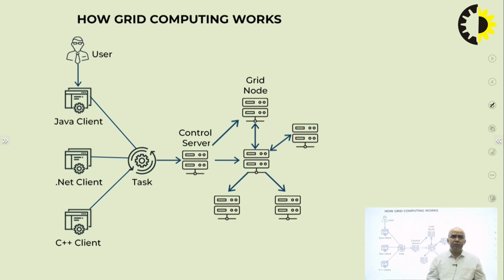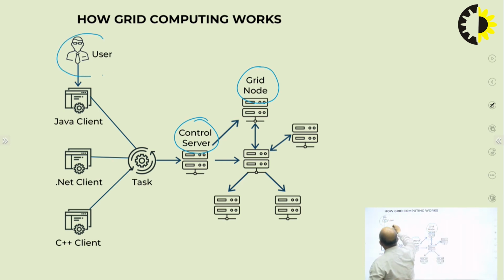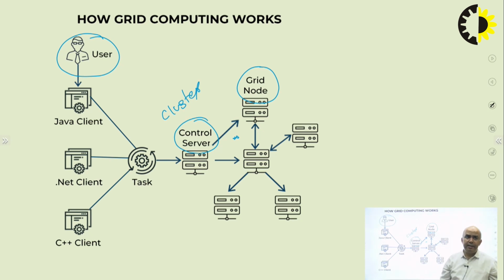It generally consists of three nodes. One is your control server, another is grid nodes, and another is users. A control server is basically a cluster of servers. Here we have various servers kept at one data center.